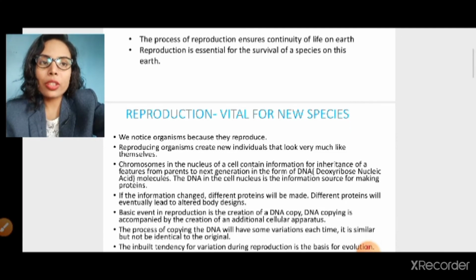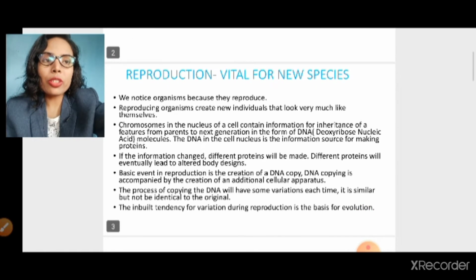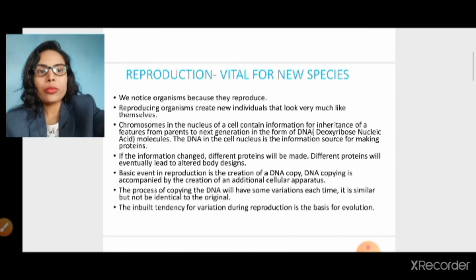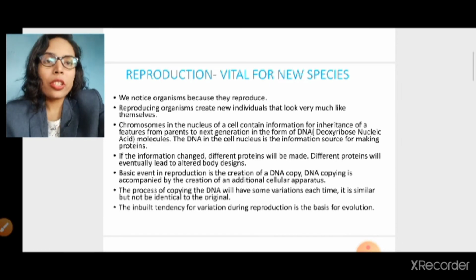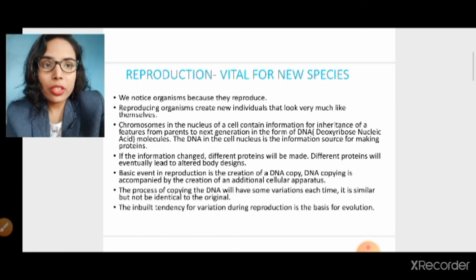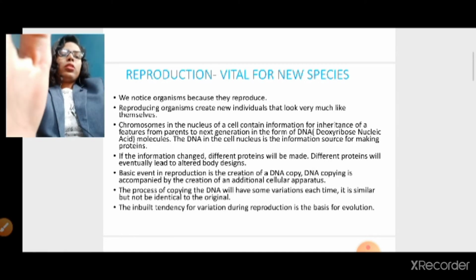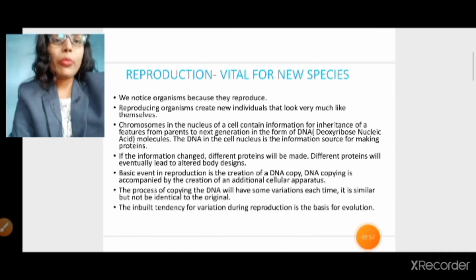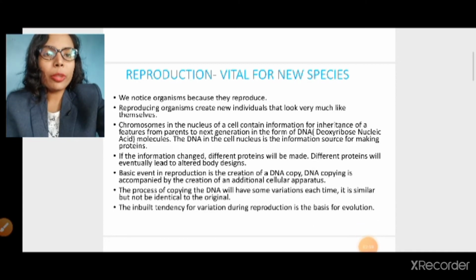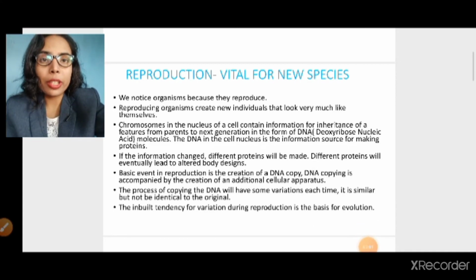Chromosomes in the nucleus of a cell contain information for inheritance of features from parents to the next generation in the form of DNA, deoxyribonucleic acid molecules. The DNA in the cell nucleus is the information source for making proteins. If the information changes, different proteins will be made.